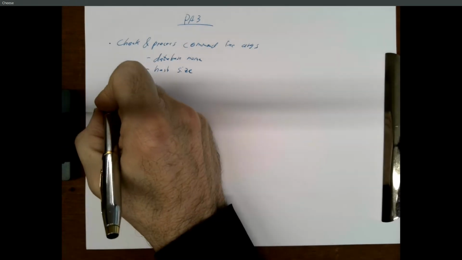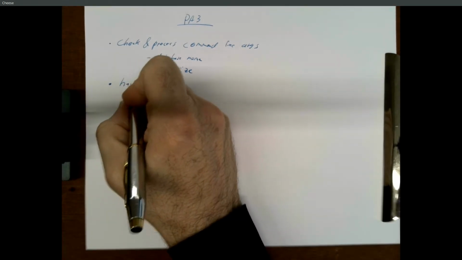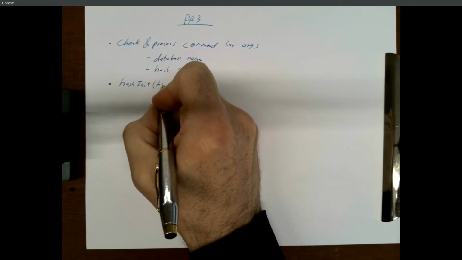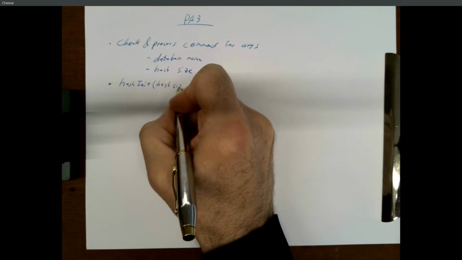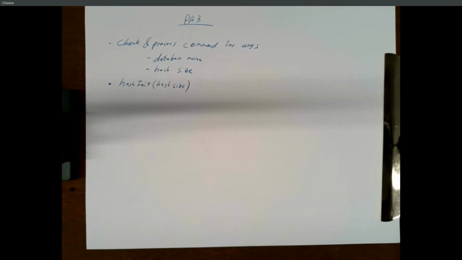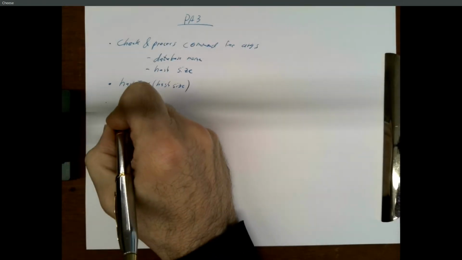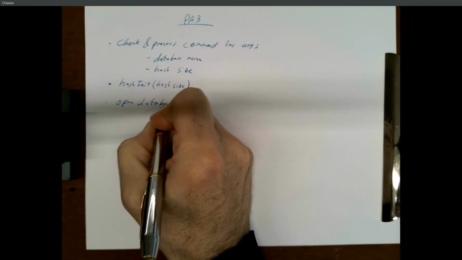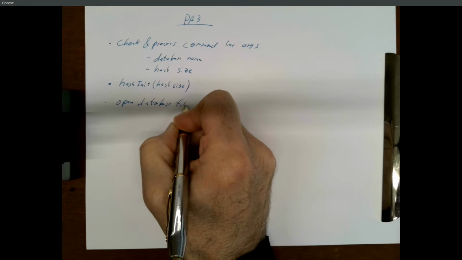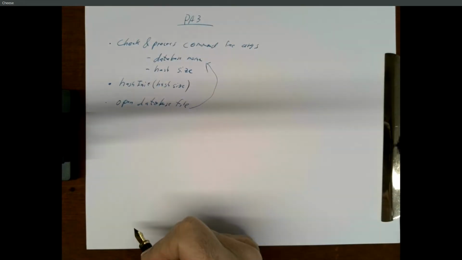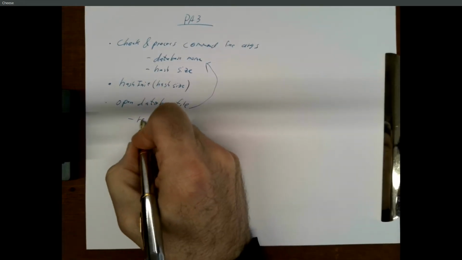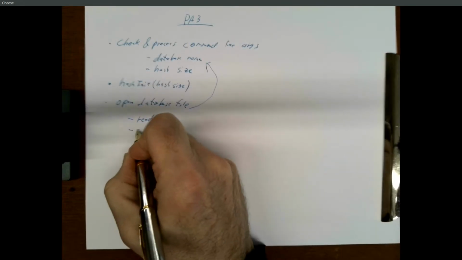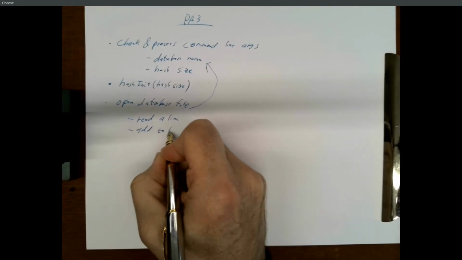And then, assuming that all of that's legal, I want to initialize a hash table with that given hash size. And then I want to open the database file, using whatever name I got, and read a line and add it to the hash.